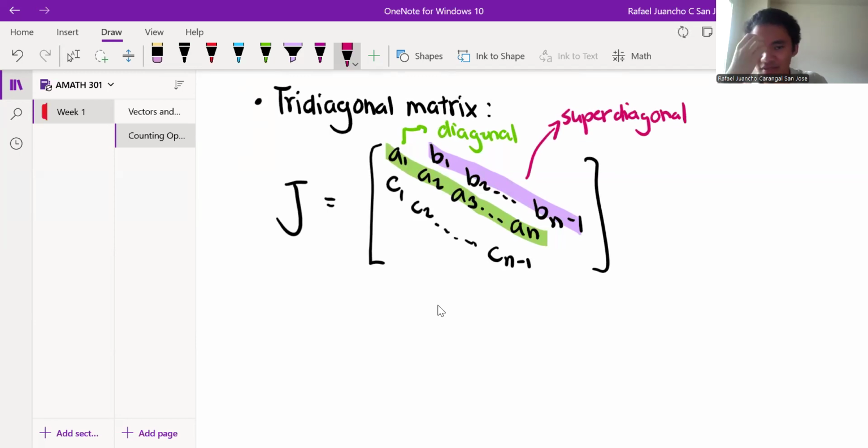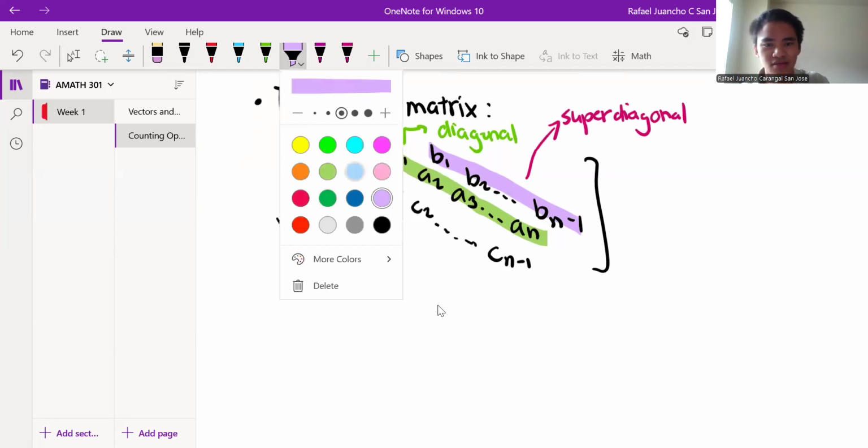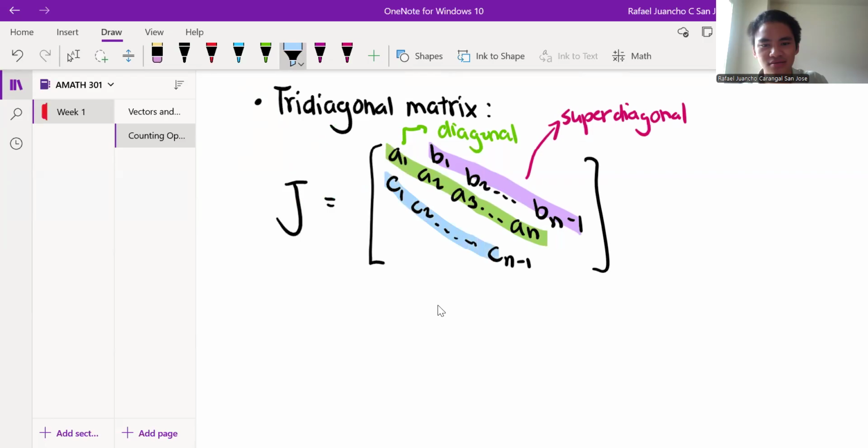I'm going to be honest, I don't know why they call it this way. And then this last one here, I'll use blue. We call that a subdiagonal. So it's basically three diagonals in a matrix.